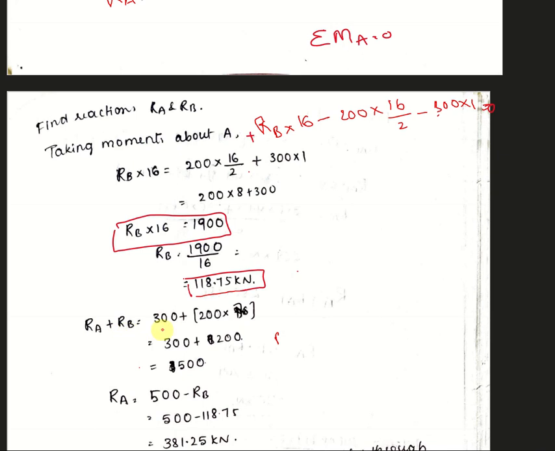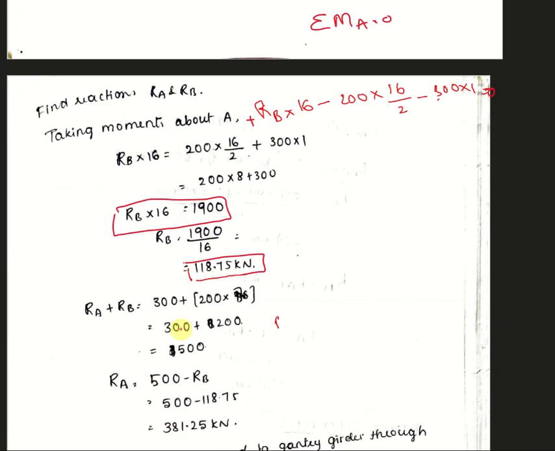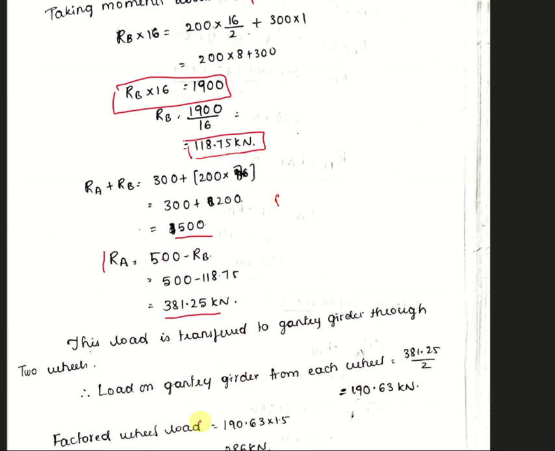So RA and RB are acting upwards, and we are having two loads, 300 and 200 kilonewton, that is 500 kilonewton. So this is the total load acting on the span. So how will you find out RA? RB we have got as 118.75. So total load minus RB will give you RA, 381.25 kilonewton.